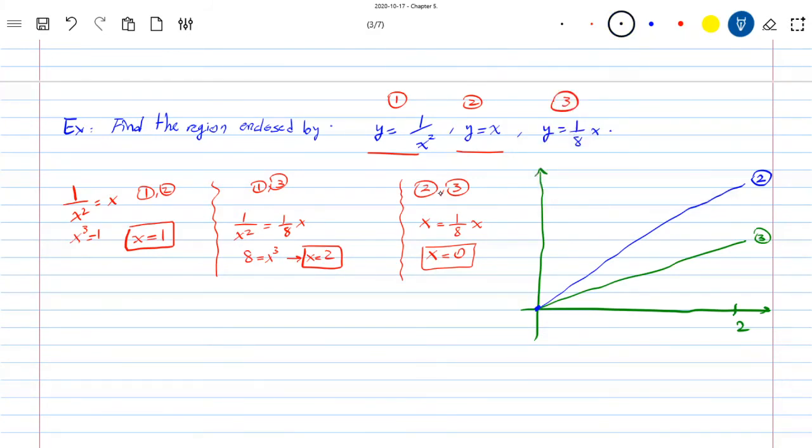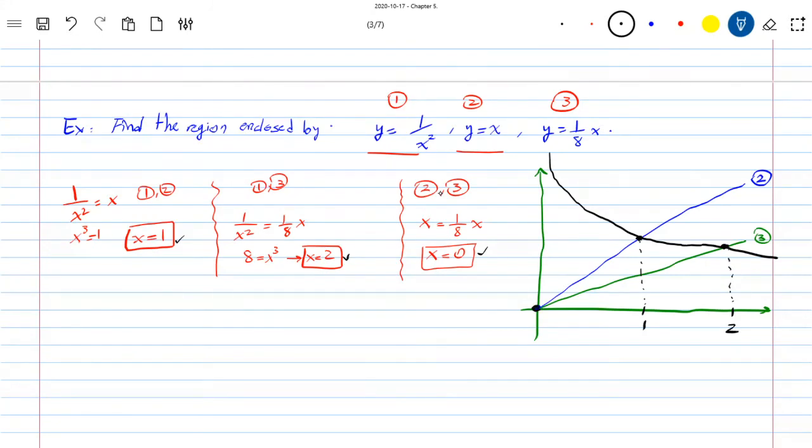Curves 1 and 2 intersect at 1, so let's say 1 is here. 1 over x squared has a vertical asymptote, so it kind of looks like this. And the intersection with curve 3 happens to be at 2. This is 2. Shift this a bit to the other side. Happens to be at 2. So you notice that these points, we found that already, they're x values, and it should match up with whatever you found.